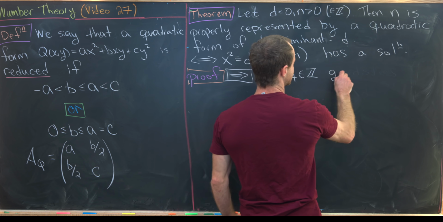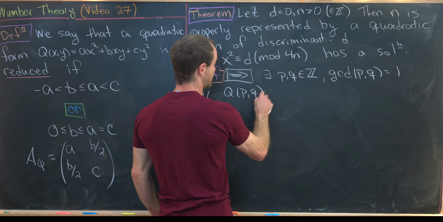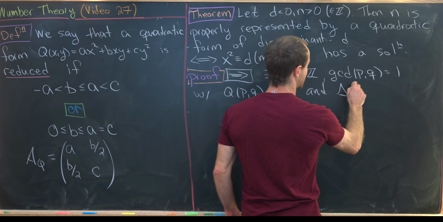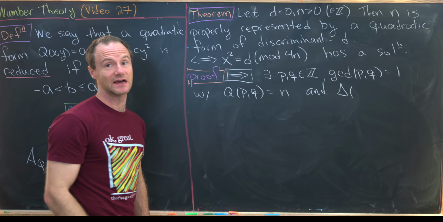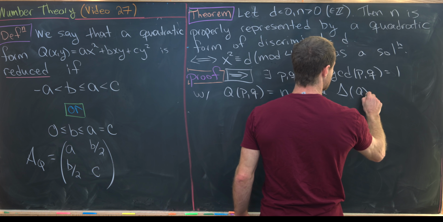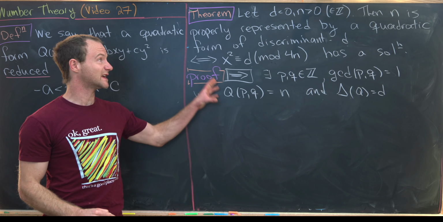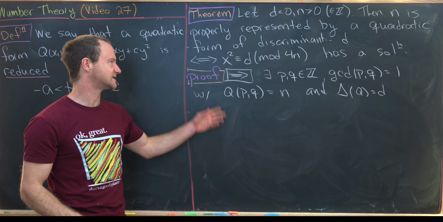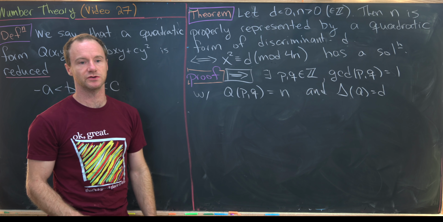They are relatively prime, so the GCD of p and q is 1, with Q evaluated at (p, q) equals N, and the discriminant of Q, which I'll label by delta Q, is equal to D. So that's just the hypothesis of this. But now we're ready to take that hypothesis and build towards our conclusion.